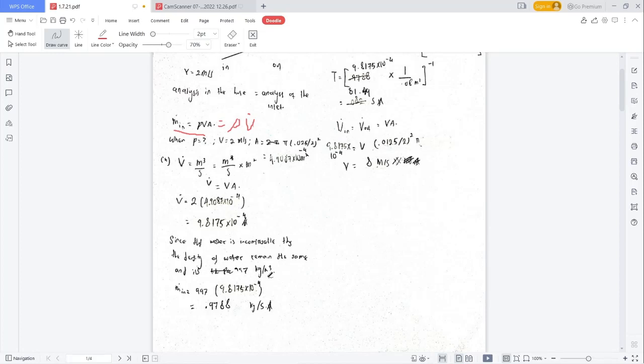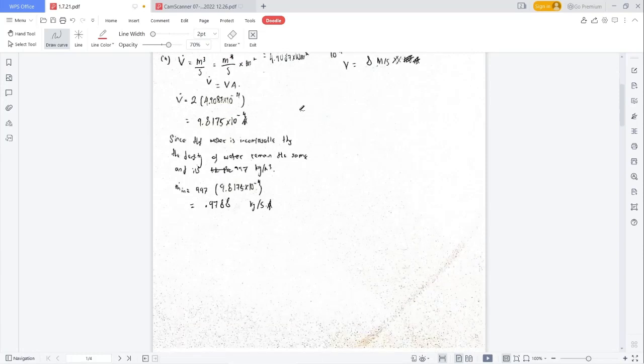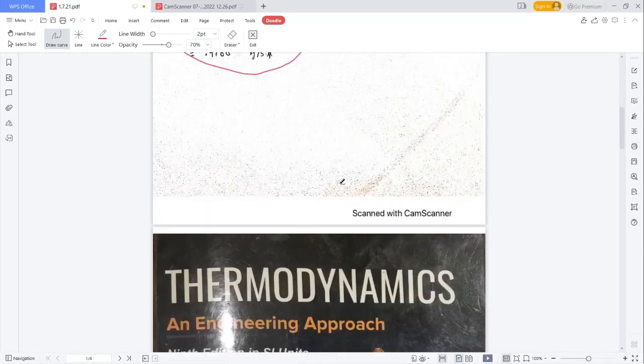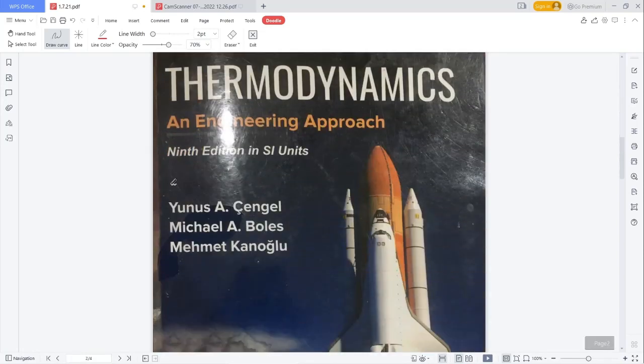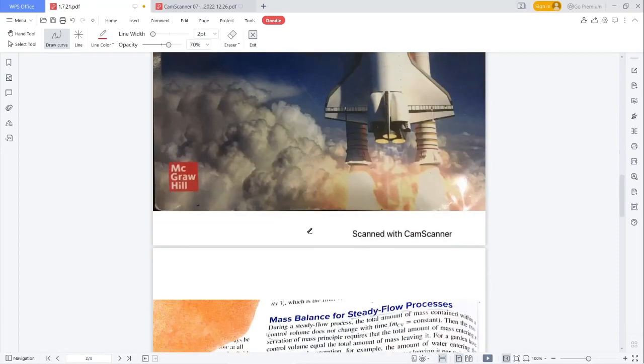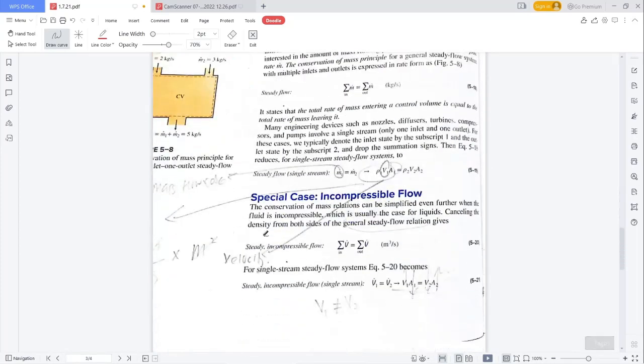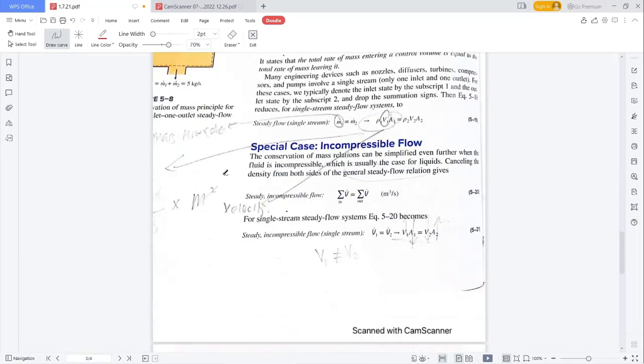It depends upon the temperature of the water, of course. I'm getting this information from the thermodynamics book by Yunus A. Cengel, Michael Boles, and Mehmet Kanoglu. This is the part of the page that I'm quoting.